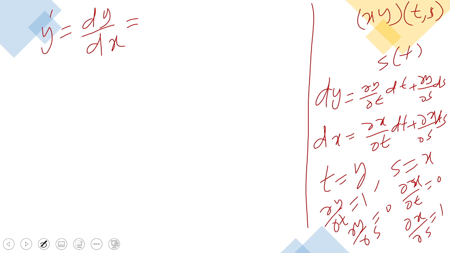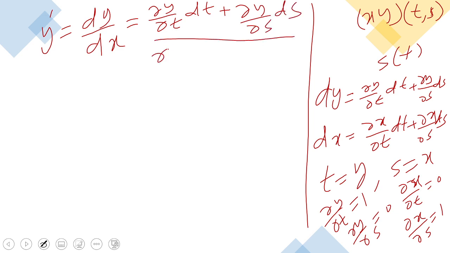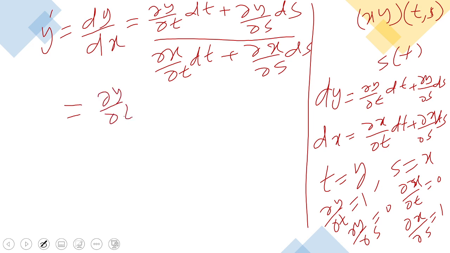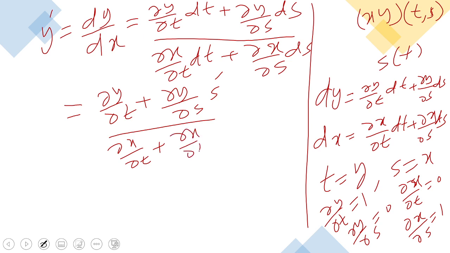So I can write it as partial y partial t plus partial y partial s S dash, where S dash is ds by dt, over partial x partial t plus partial x partial s S dash.